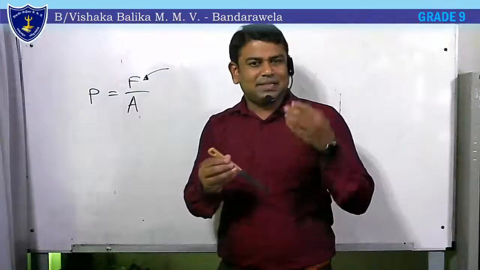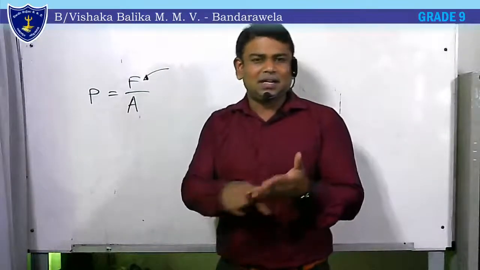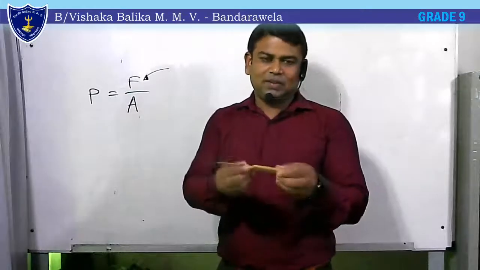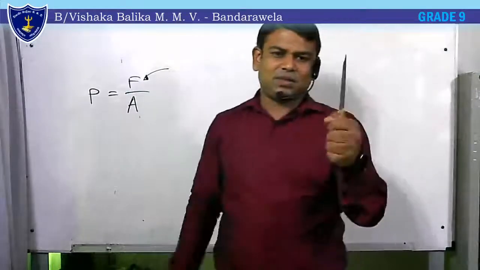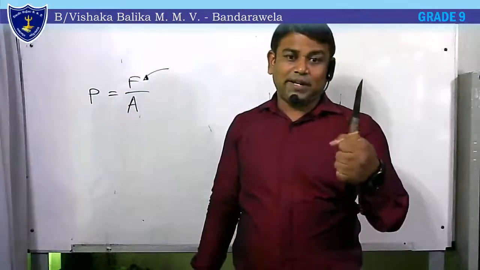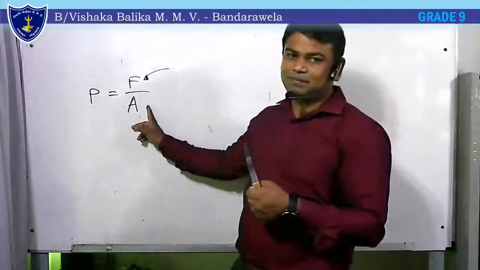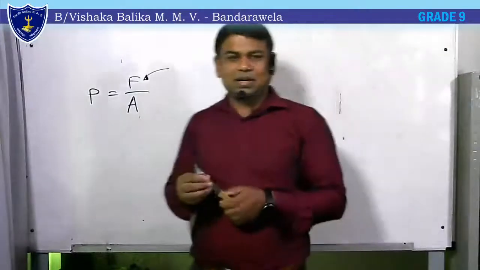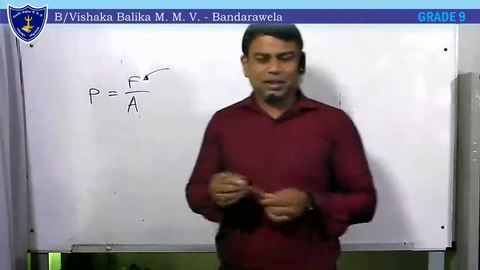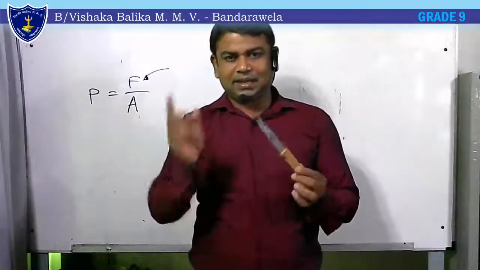Because when we hold something, we need to decrease the pressure exerted on our hand. That's why we make this as large as possible. So holding with a wide handle decreases the pressure by increasing area. So, cutting with a sharp edge, and increase in the surface area.